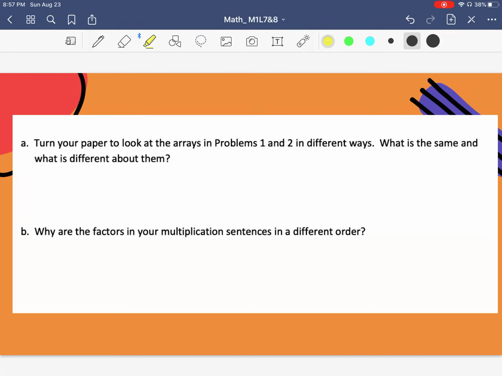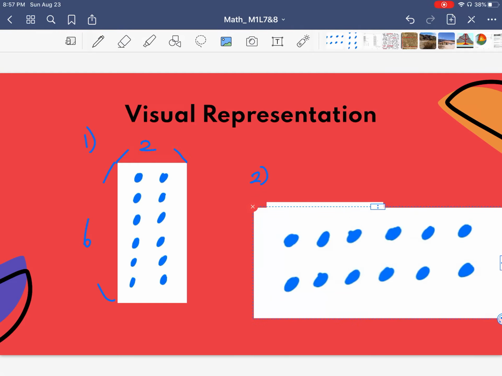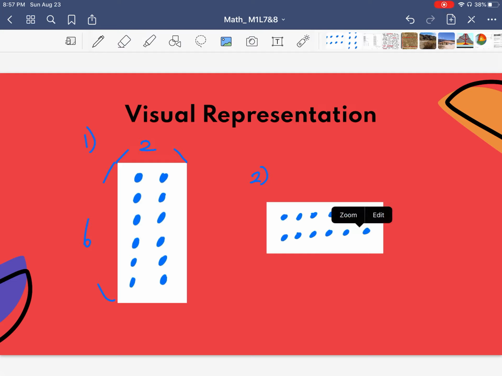To do this question, I took a picture of the answers of our problem 1 and problem 2. So this one is problem 1 and this is problem 2. As you can see, we have 6 rows here and 2 dots in each row. And I'm going to move this array.